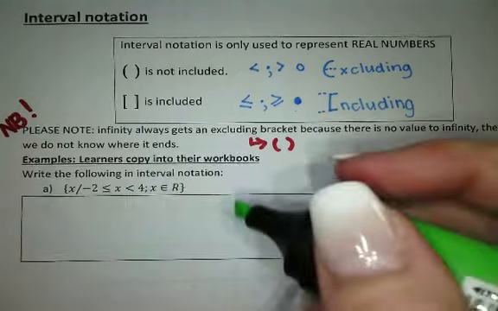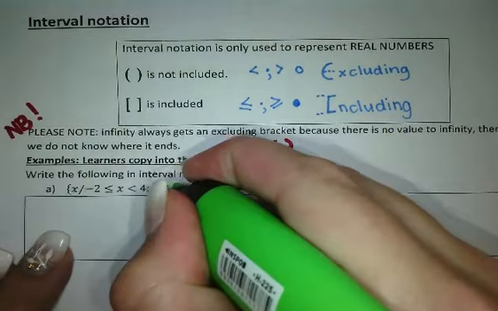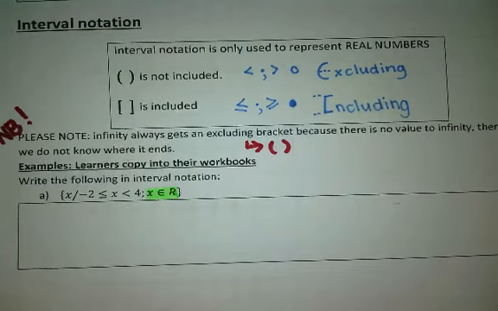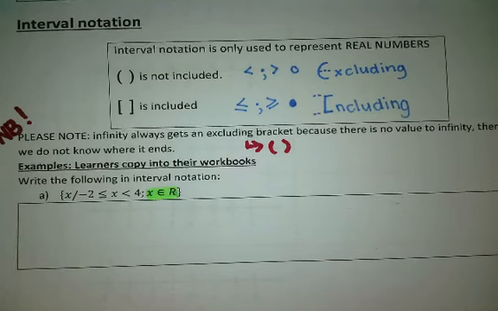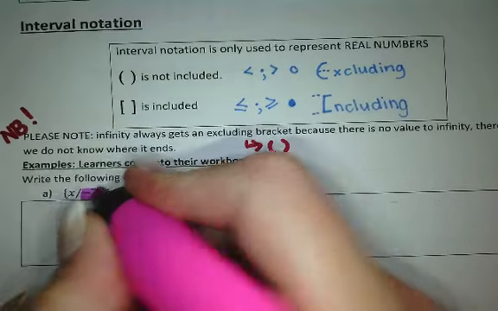Have a look at what they give us over here. First of all, our first box that we tick: x is an element of real numbers, so we can represent it in interval notation. Okay, you guys can write this example down in your books. Next thing, which two numbers do they give you for us to represent?